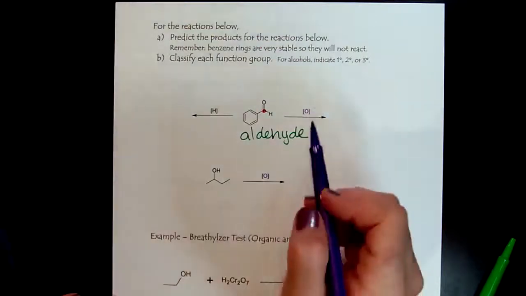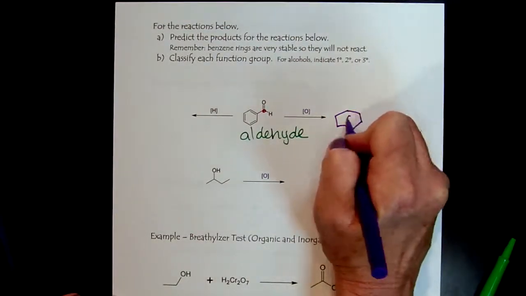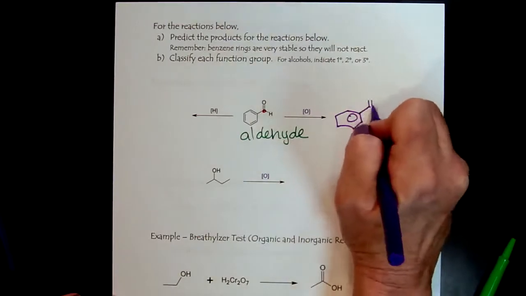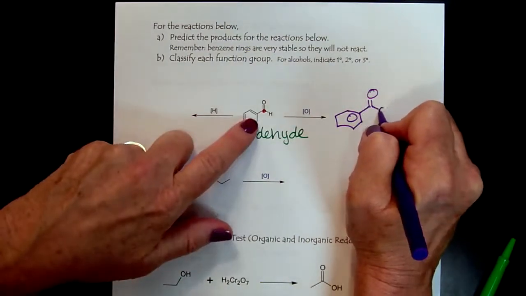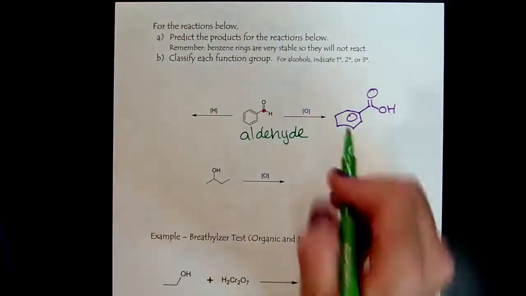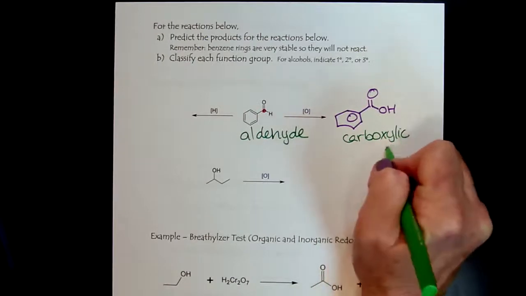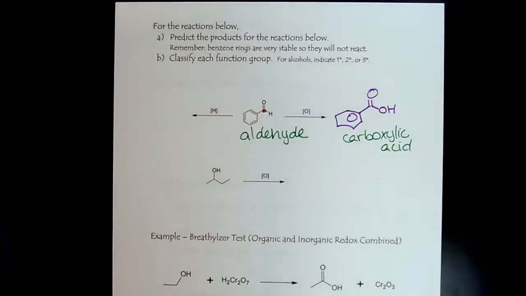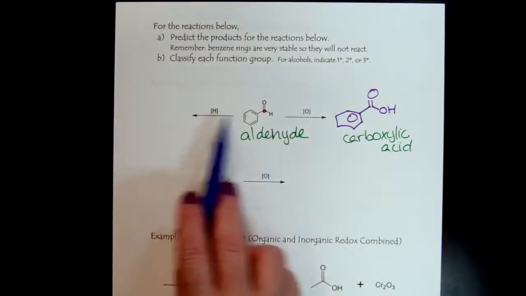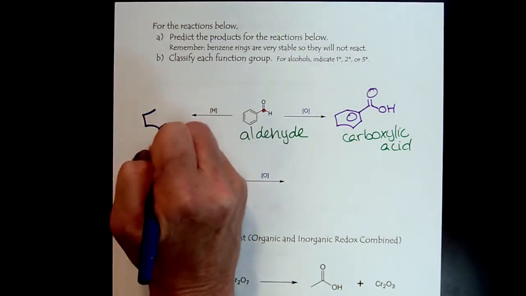So if we are going to do an oxidation, right, we have to increase the number of carbon to oxygen bonds. So the aldehyde will oxidize to the carboxylic acid, right? Or we could undergo reduction, right, and take away one of these carbon-oxygen bonds.